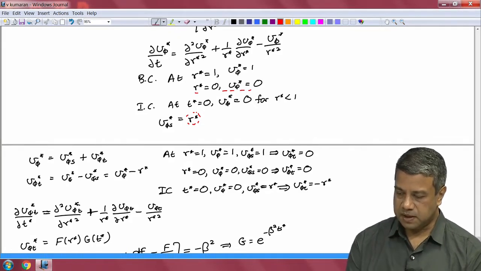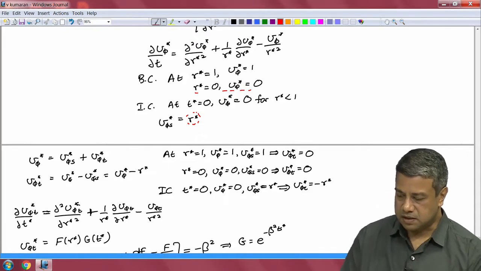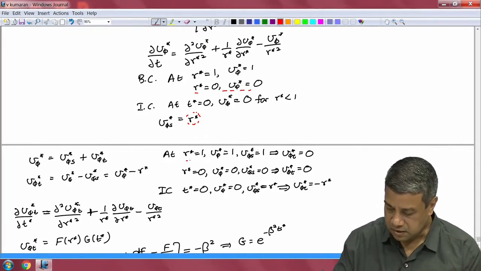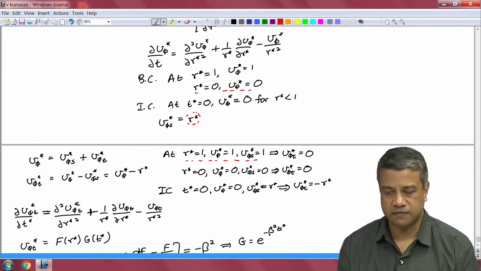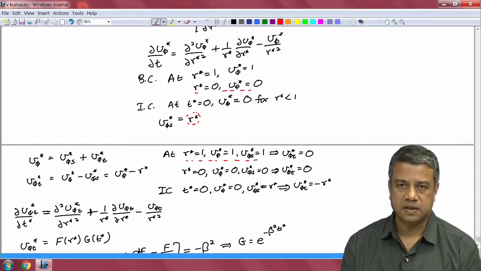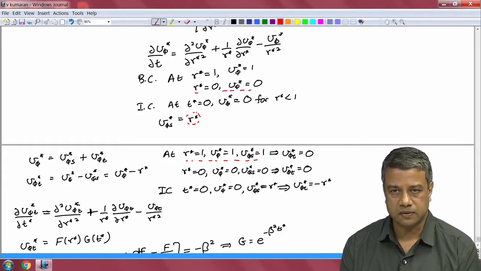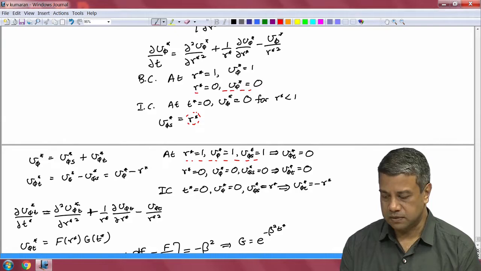So, the transient part has homogeneous boundary conditions. At the surface of the cylinder, the boundary condition for the total velocity is that v phi is equal to 1. The steady part satisfies the same boundary condition. Therefore, the transient part, which is the difference between the two, has to be equal to 0 at the surface of the cylinder. At r equal to 0, v phi is equal to 0 and the steady part is 0.